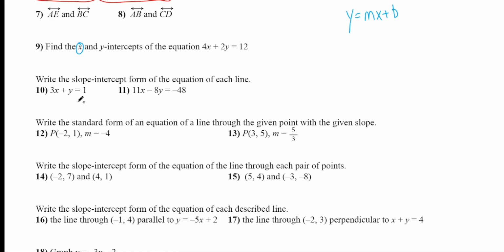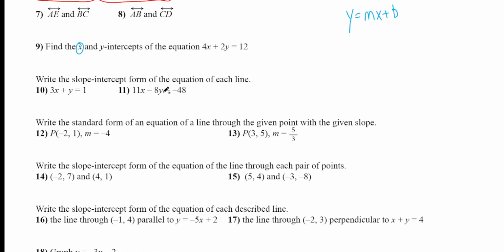Y equals what? Negative 3x plus 1. This would be y equals negative 3x plus 1 because I subtracted the 3x from both sides. And I want the x to go first before the number, right? So I slide that 1 over, put that minus 3x in between, y equals negative 3x plus 1.